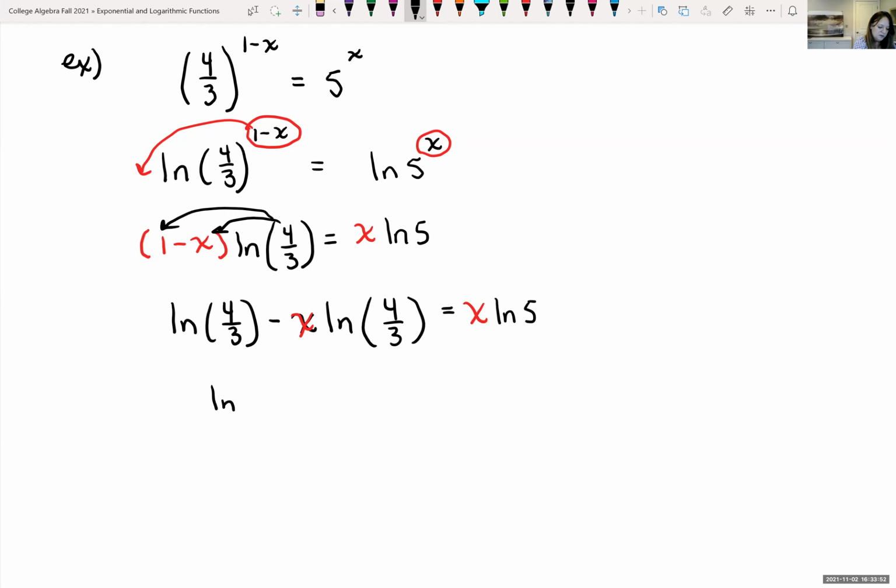So getting all the terms with x in it to one side, let's add that x natural log of 4/3 to both sides. So we have natural log of 4/3 equals x times the natural log of 5 plus x times that natural log of 4/3.